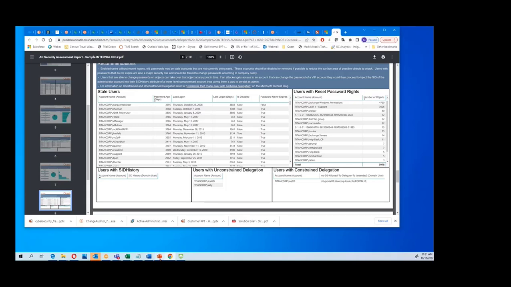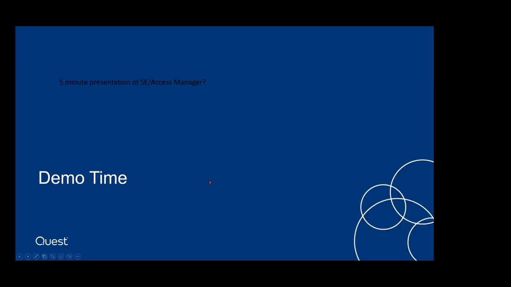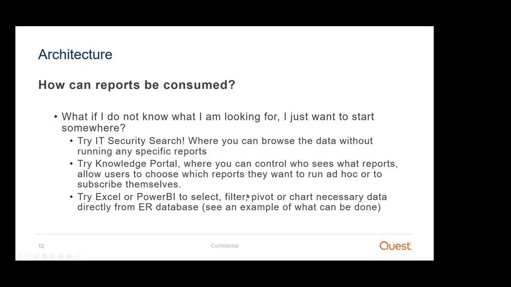So the Power BI solution with the CSV export of Enterprise Reporter is quite handy in order to take the data that you've collected and present it in different ways that makes that data much more consumable. So back to the slide presentation, how can the reports be consumed?